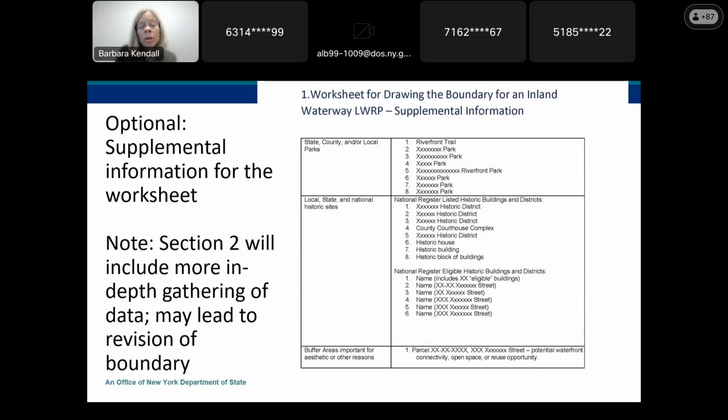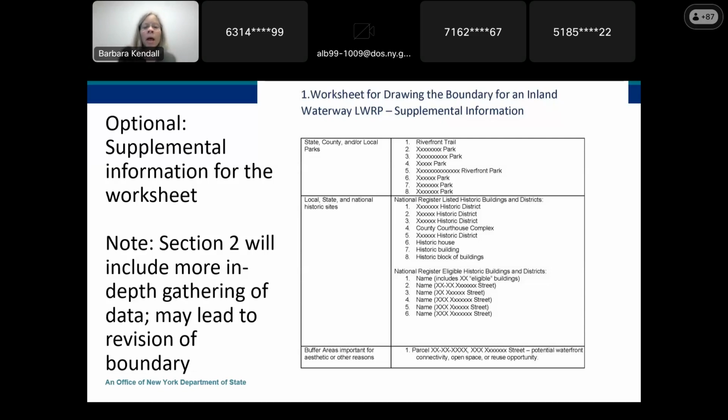But I wanted to note that we're just now talking about Section 1 at the moment. When you get to Section 2 of the LWRP, there will be a lot more data gathering. And at that point, you may want to revise the boundary, and that's okay. It's an iterative process. So in this first stage, you're gathering preliminary data and coming up with a proposed boundary to show the public and to show us.